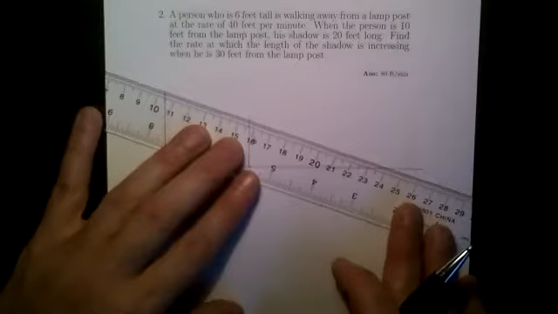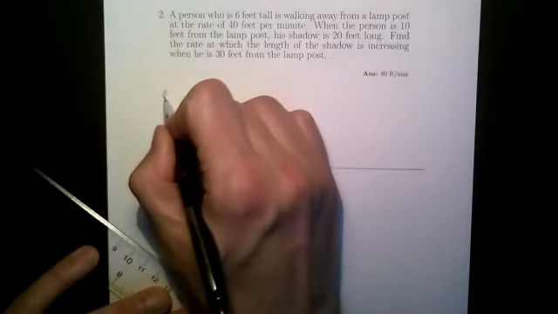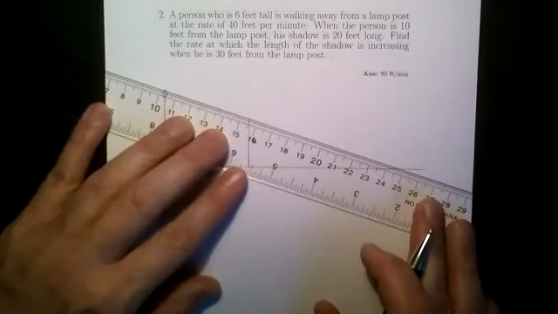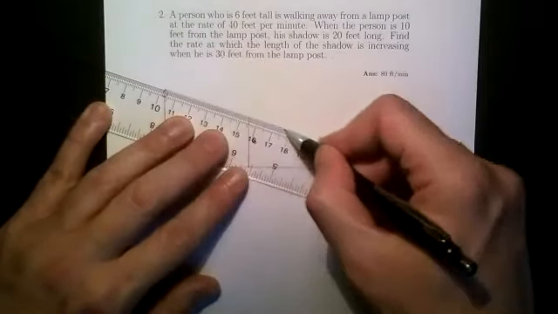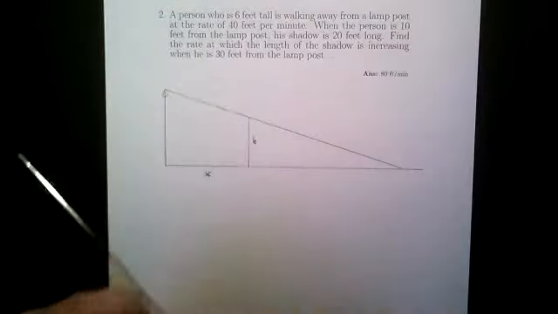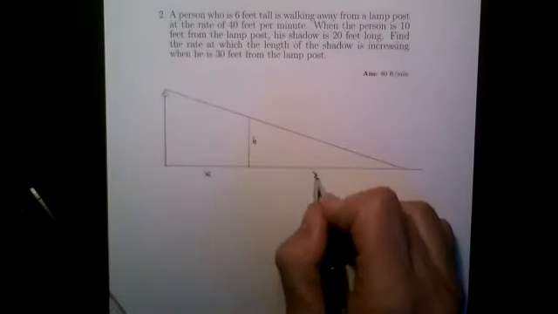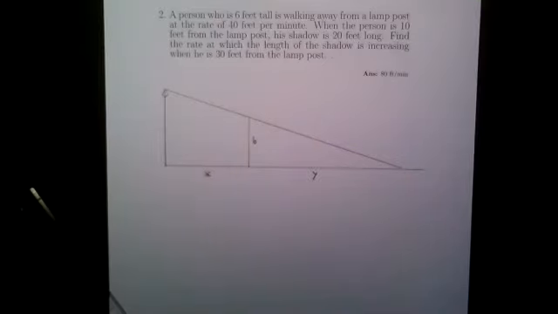And there's a shadow. So this is the lamp. And he's going like this. And this is the shadow, y.